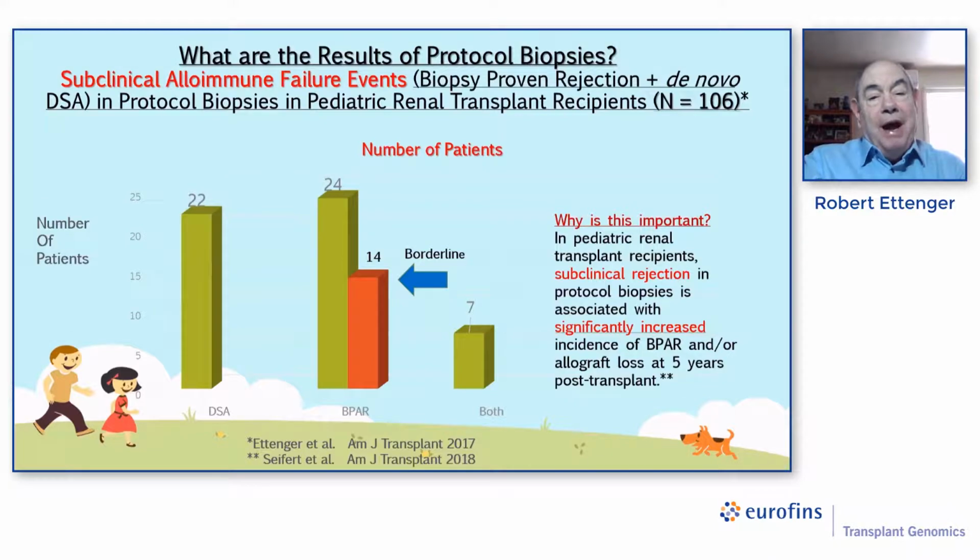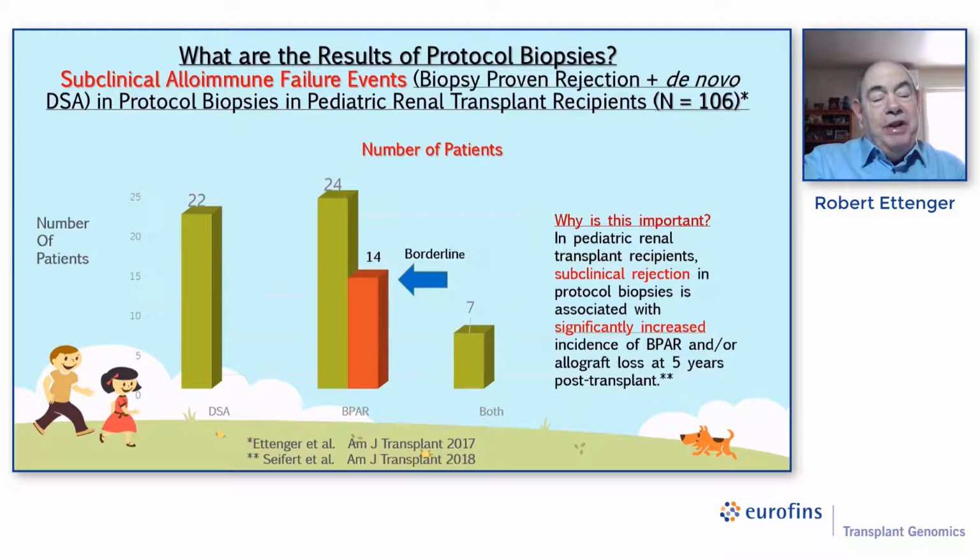We did protocol biopsies in 106 pediatric renal transplant recipients at 1 year and 6 months. We combined the data together, and what this showed was that in 22 of the 106 patients, there were de novo donor-specific antibody.